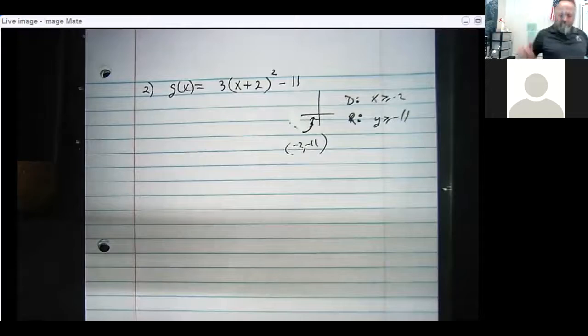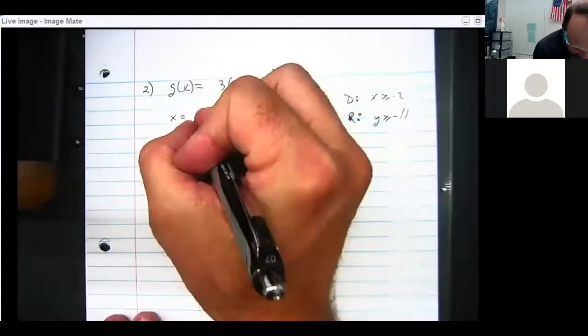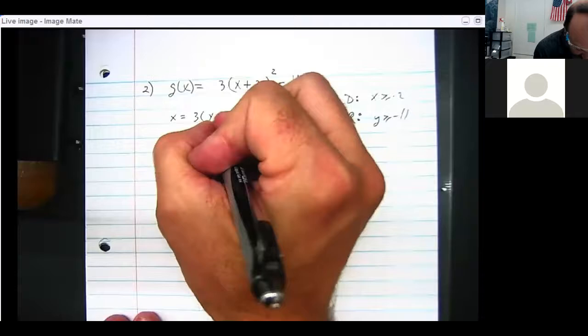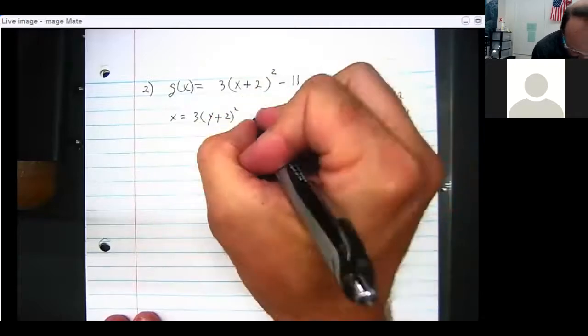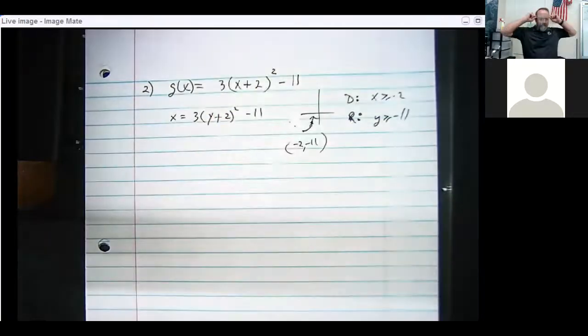So that's good. Who can tell me the first step when we swap x and y? Who can express that well? Thanks, Jacob. What is it? Good. 5 plus 2 squared. Okay, good. Gabriel, what are we going to do now?